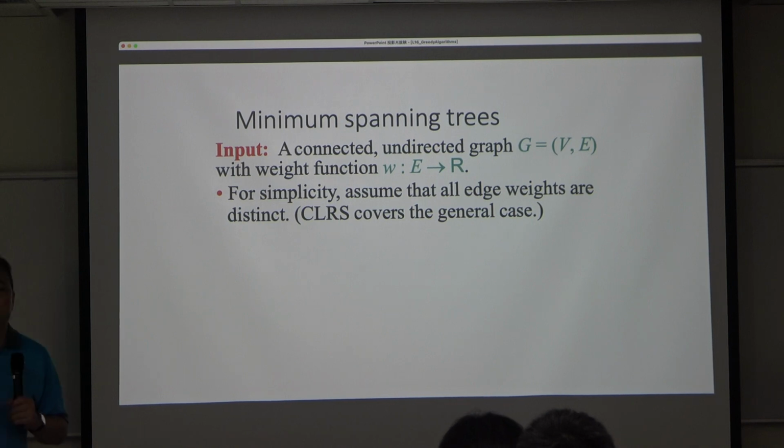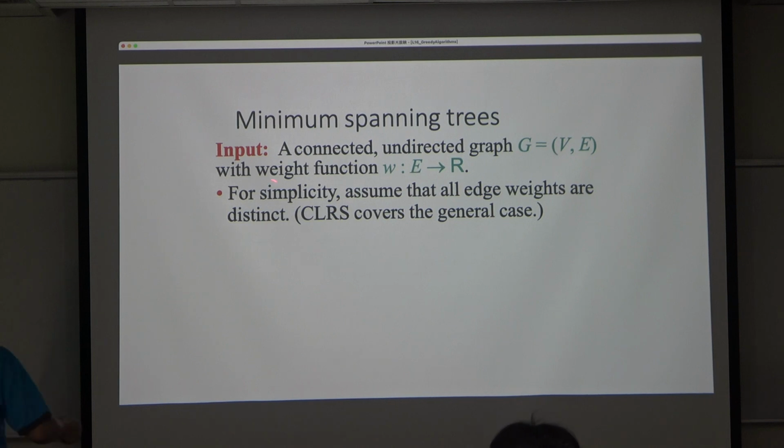In general, this assumption could be removed. Some edges could have the same weight, but then the minimum spanning tree is not necessarily unique. If each edge has a different weight, the minimum spanning tree is unique. There's only one such minimum spanning tree.